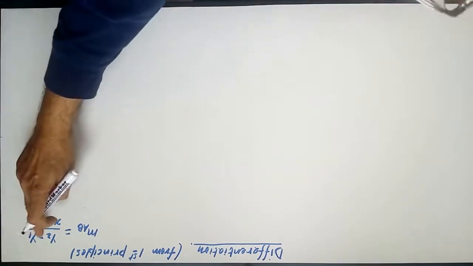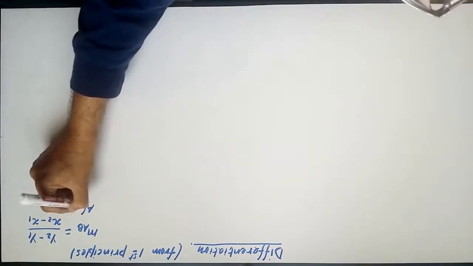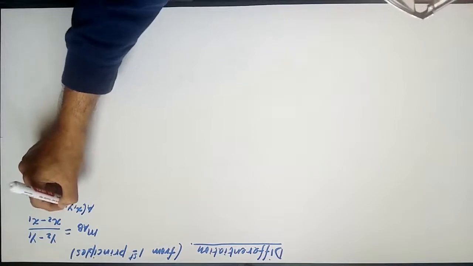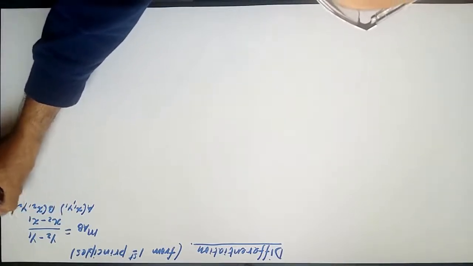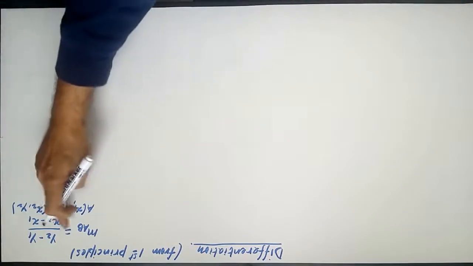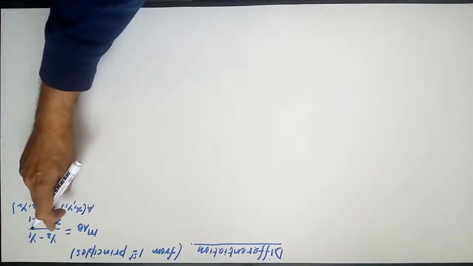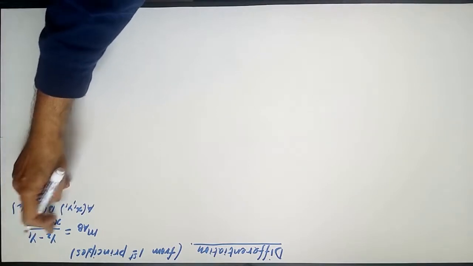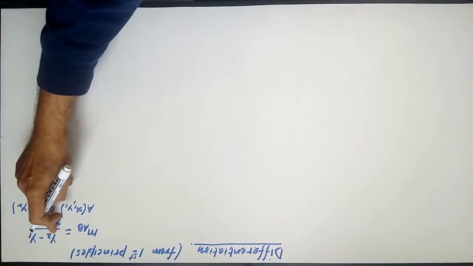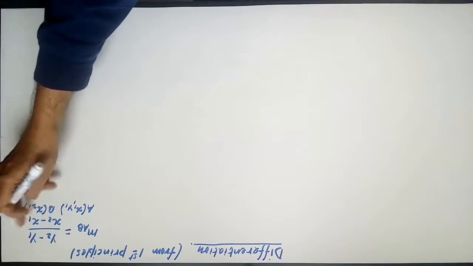Now, please remember, in this case, the points are A (x1, y1) and B (x2, y2). So we can say the slope of the line is (y2 minus y1) upon (x2 minus x1), or (y1 minus y2) upon (x1 minus x2).